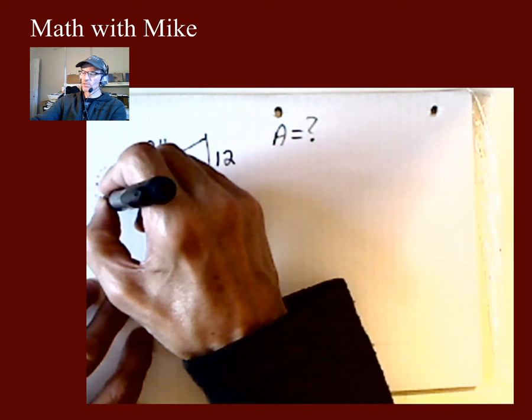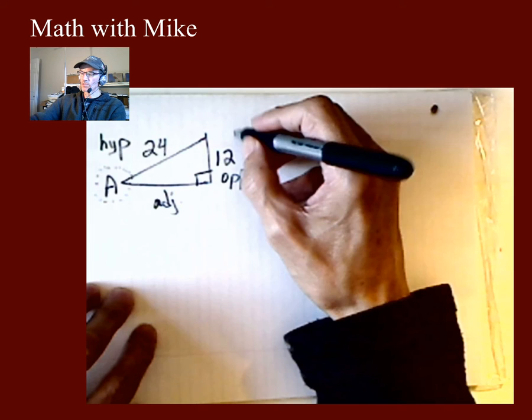It's the way the cool kids do it. Next is to label the sides. That's the hypotenuse. That's adjacent. This is opposite. Next, we write down what we have and need.